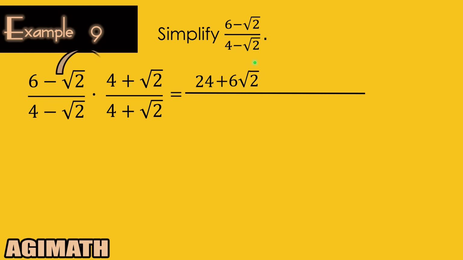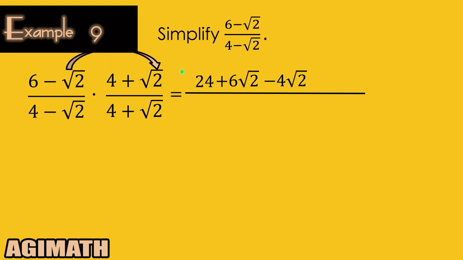Right? And then next, negative square root of 2 times 4. Again, a whole number and a radical, so we write 4. But it will become negative because the sign of the square root of 2 is negative. So negative times positive, it's negative. That's why it will become negative 4. And then just copy square root of 2.